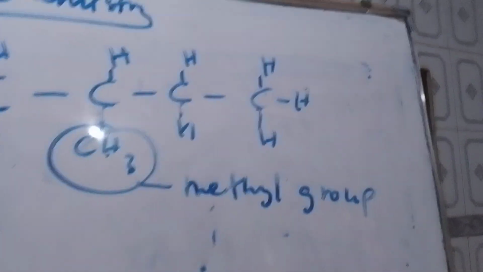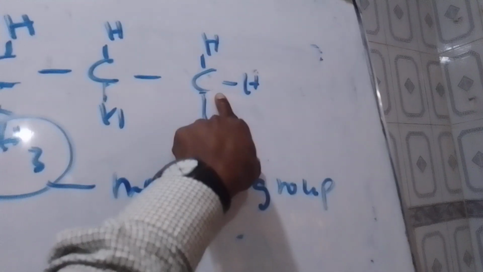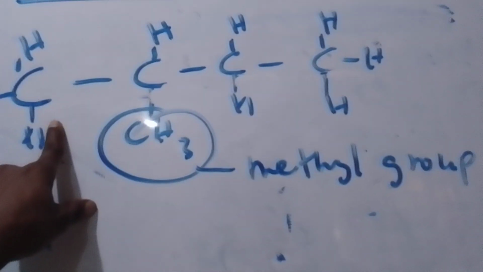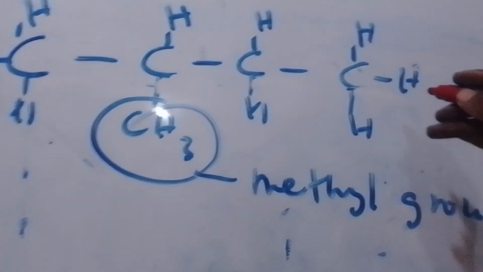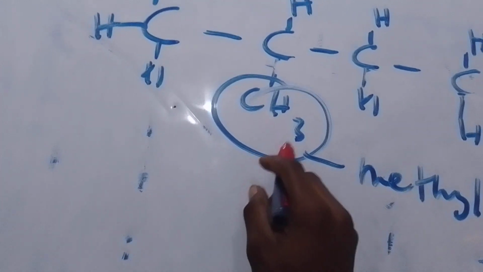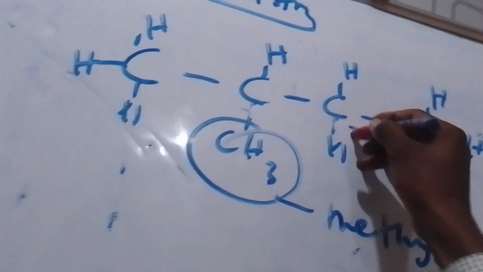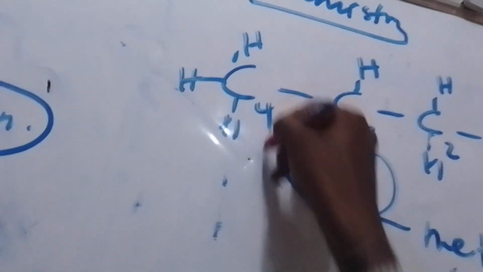So on that note, we cannot start from the right hand side and number to the left, because if I start from the right hand side and number to the left, I will end up giving the substituent the highest possible value. Let's see. If I start from here, this is 1, this is 2, this is 3, and this is 4.